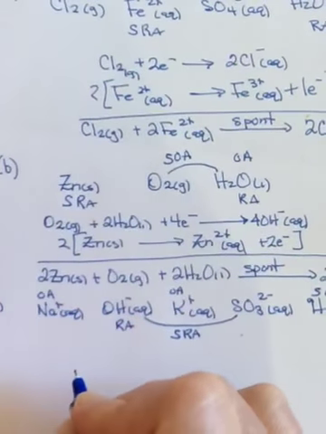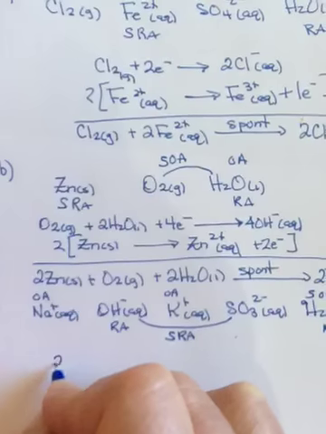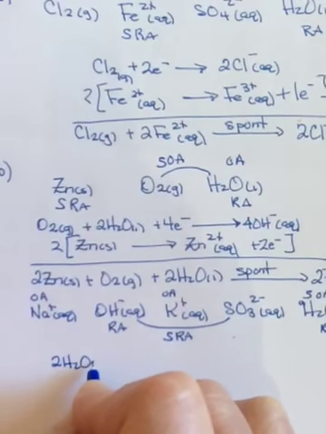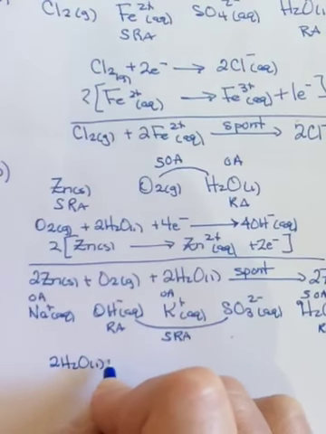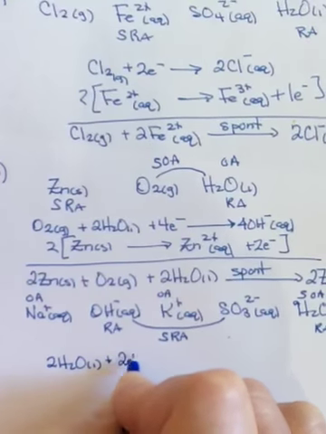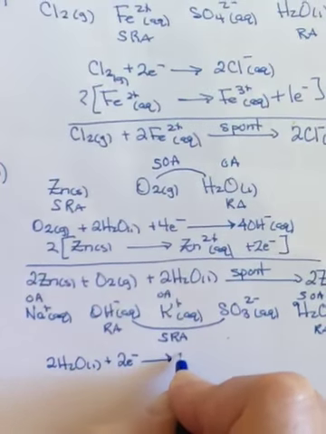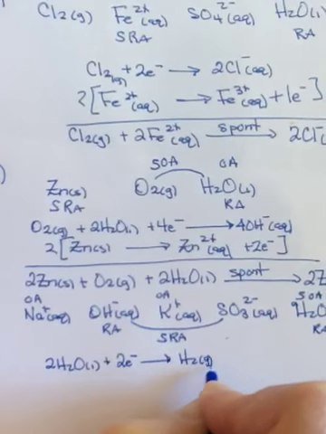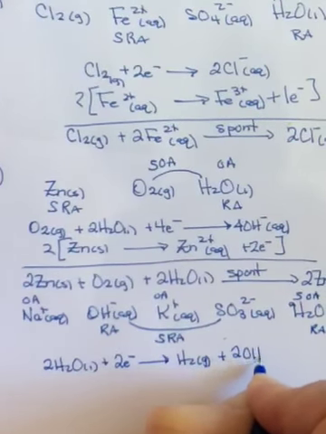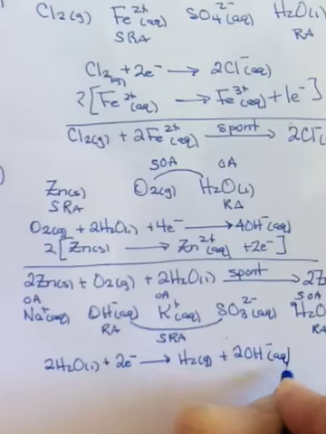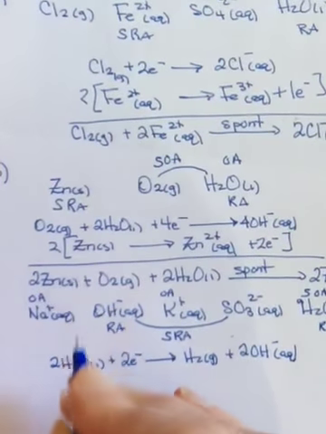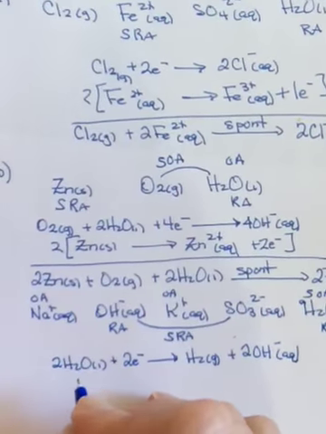Okay, so our two half reactions will be 2 H2O, and we've used this one before as our oxidizing agent, plus 2 electrons going to hydrogen gas plus 2 OH negative aqueous. We used it with the sodium earlier.